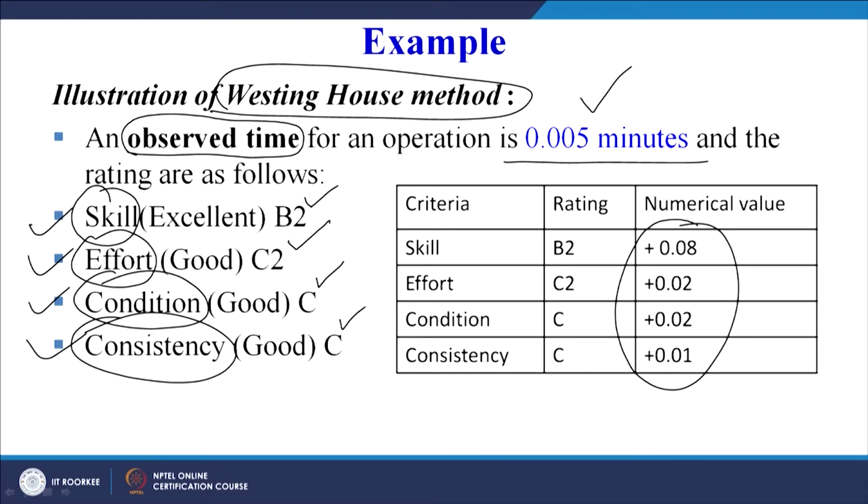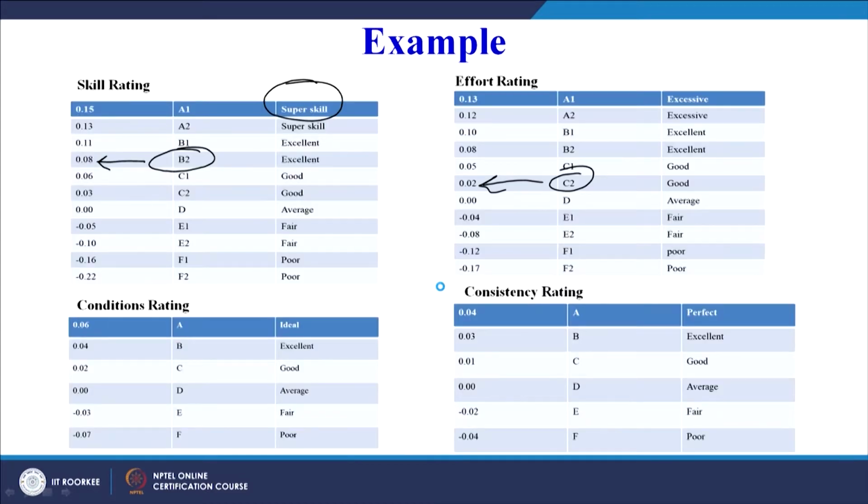Now let us see for condition and consistency, C and C. For conditions, the value is C, it is 0.02, and for consistency also it is C, which is 0.01. So let us again verify this. These tables are standard tables which we have already seen in our previous session.